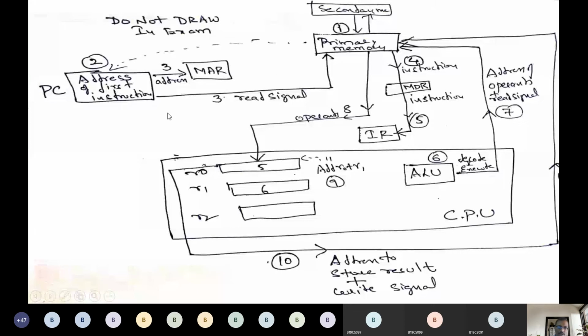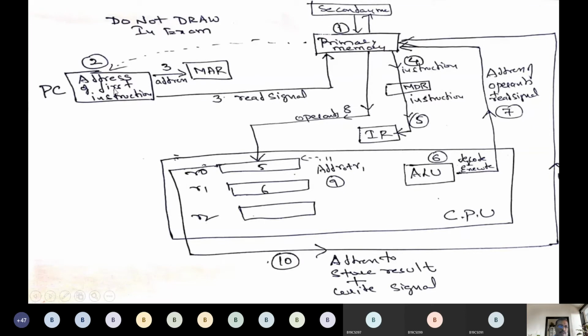Again the same process: address sent, read signal sent, instruction loaded into IR, and executed. If any operands are required, they are loaded, addition is done and the result is stored in the main memory.